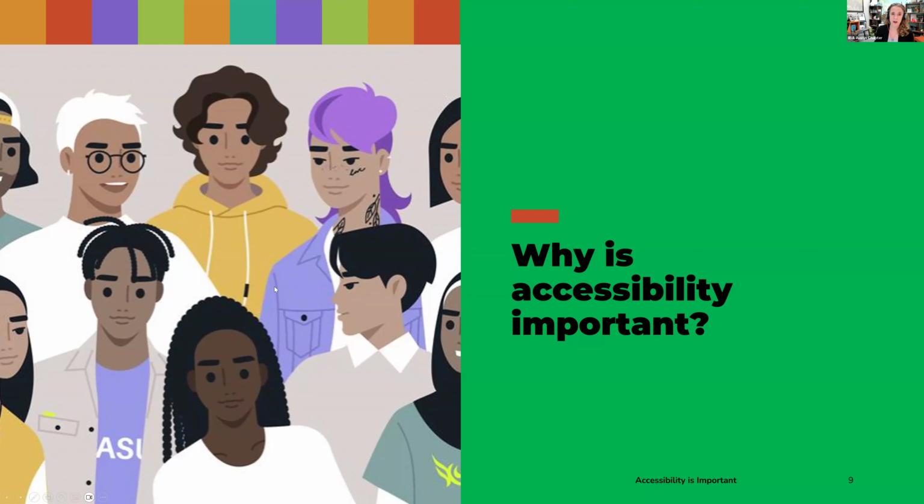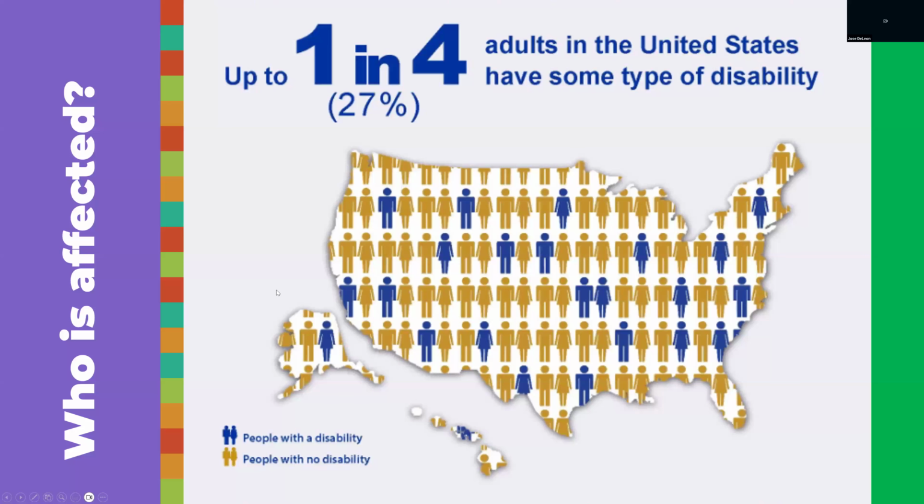It lifts everyone up. The statistics are that 1 in 4 adults in the United States have some sort of disability. That's really just about 27%. That's an extraordinary number of people.